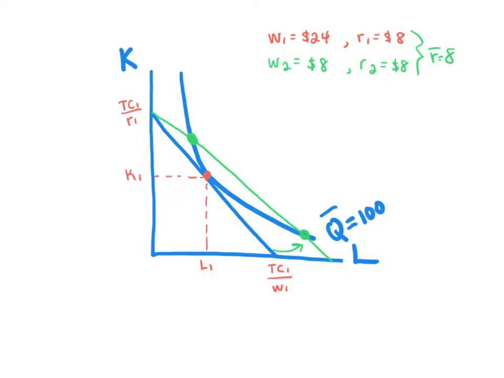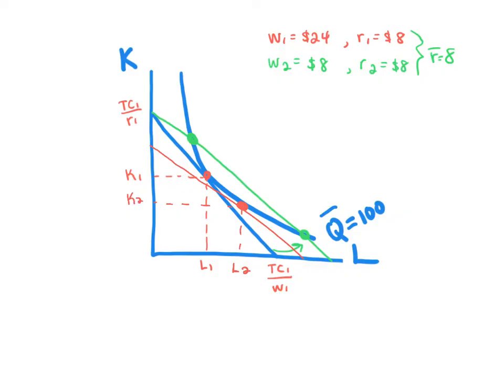The firm does have a constraint that output has to remain at 100, but it is able to choose its inputs in order to minimize the cost of that level of output. Indeed, there's a lower isocost line that is just tangent to the isoquant Q equals 100 at now an input bundle that has L2 units of labor and K2 units of capital.